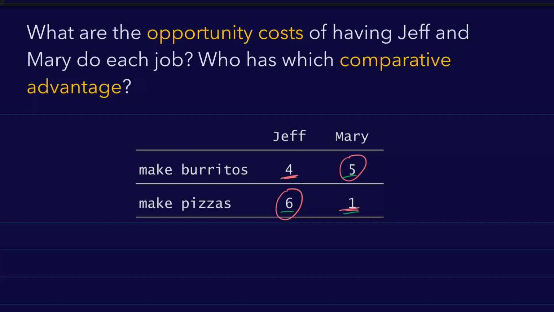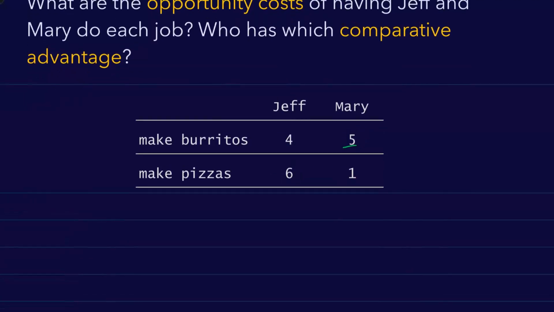Okay, but next, let's think about the opportunity costs. So for Jeff, if he makes burritos, he can make 4 burritos in an hour. And when he does that, we're giving up 6 pizzas.